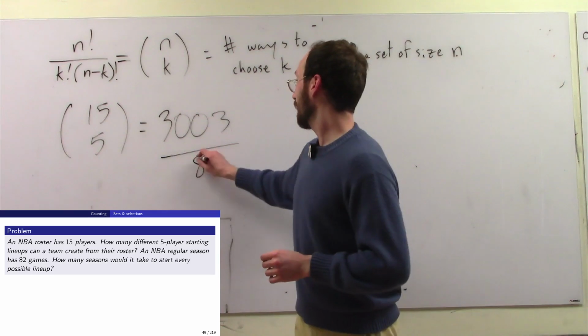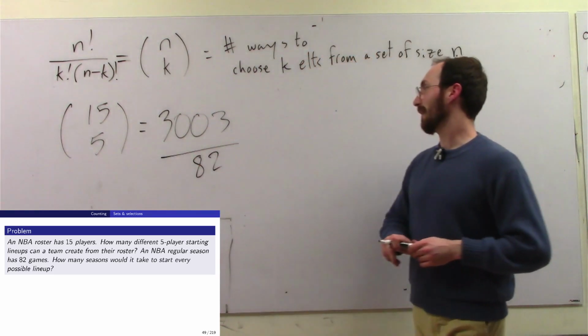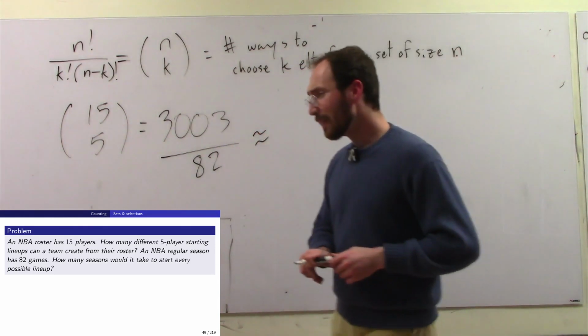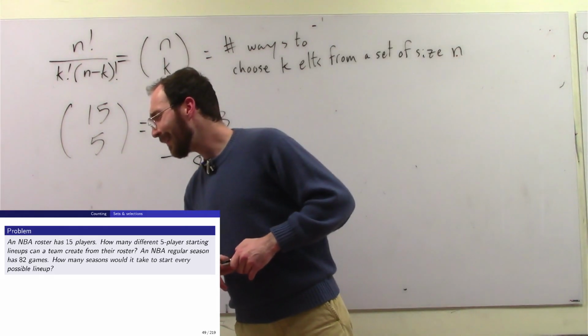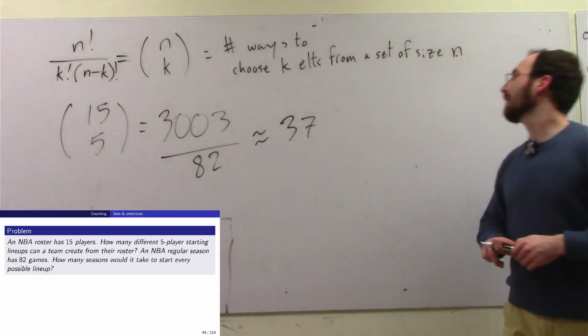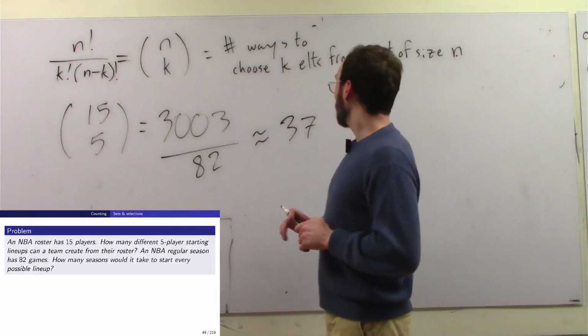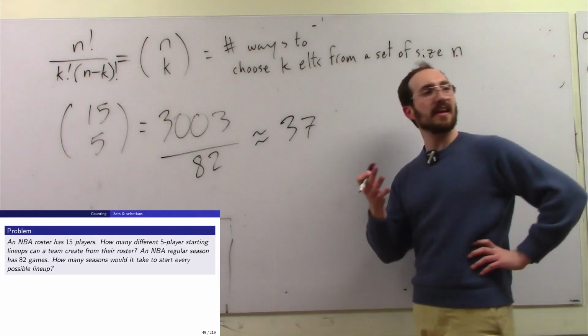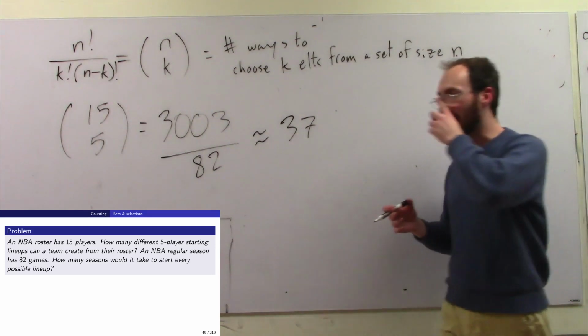It is approximately 3003 divided by 82, which will be 37. So we'll have to play 4-ish decades of basketball to get every starting lineup.